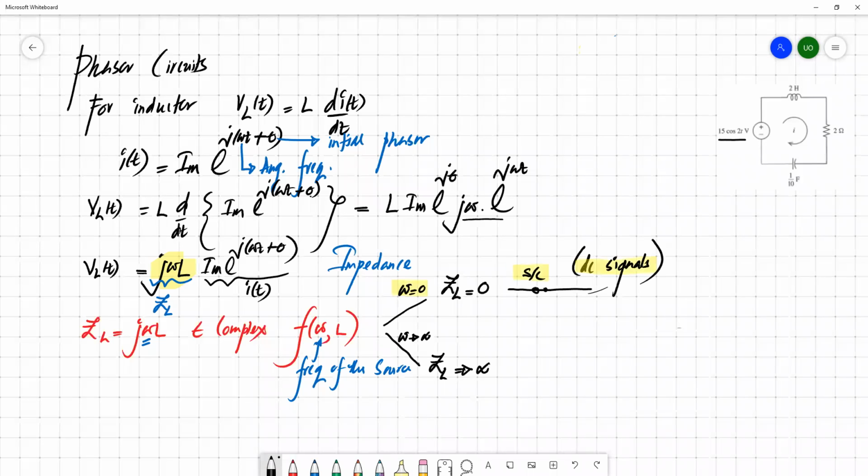Similarly, for omega equals infinity, you end up with infinite impedance, so it is an open circuit element. You can't see any current flow through this element because the resistance is infinite. In a practical scenario, this corresponds to a high frequency signal.